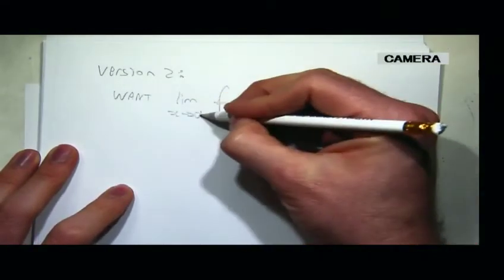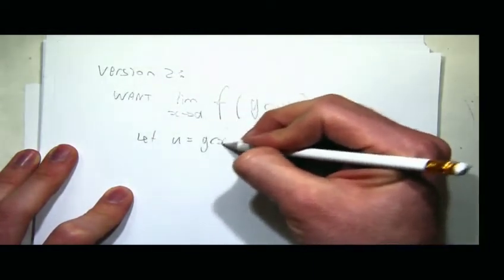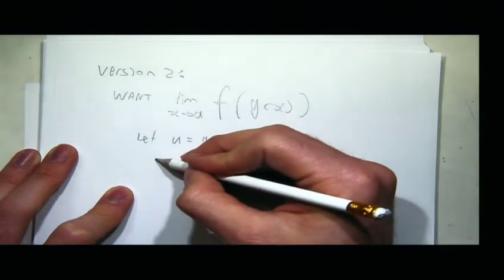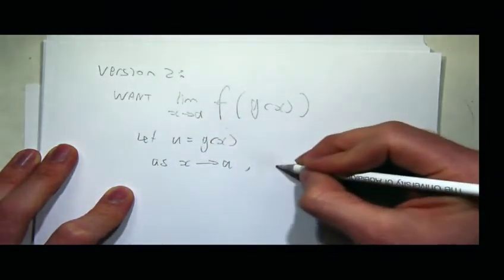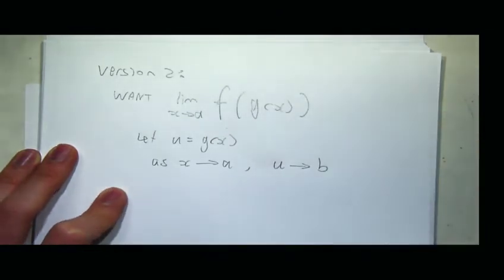What we're going to do is say let u equal g of x. So it's substitution. This is the deal. Just like substitution for integrals. Let u be g of x, and then we'll say as x goes to a, that means that u will go to somewhere.